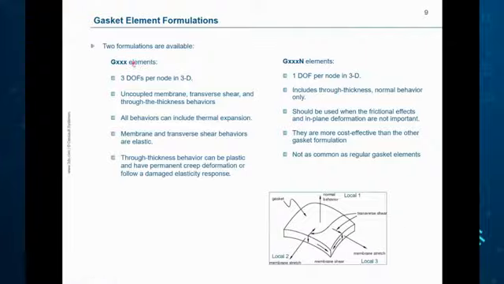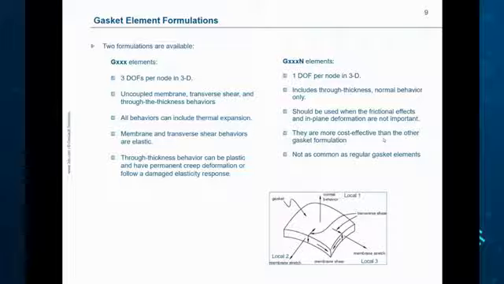That would be these elements here. And then we have what are called normal only gasket elements. And regular gasket elements have the regular 3 degrees of freedom per node if you're doing 3D. But gasket elements in the normal direction only have a specialized 1 degree of freedom that's in the thickness direction.